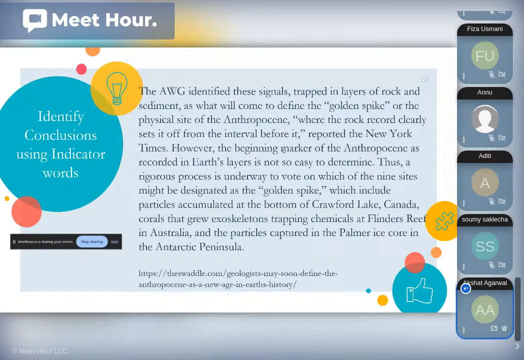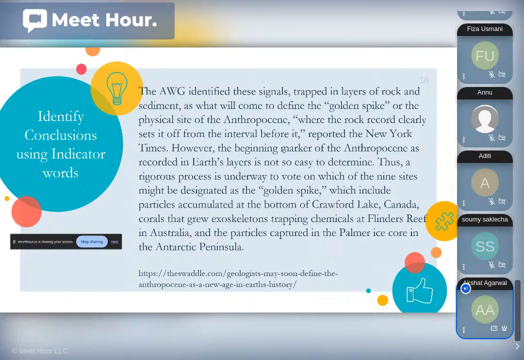Okay. So another important thing which you're doing here is you're simplifying the argument for yourself. Now, I'm not a science student, so I don't know what an Anthropocene would be. Whatever. There's a lot of technical words used here, like Anthropocene, golden spike, blah blah blah. The point is that you don't need to get lost in these technicalities for the purpose of solving your paper.